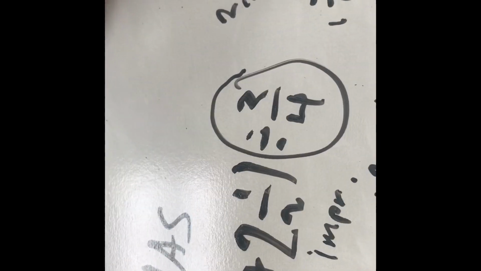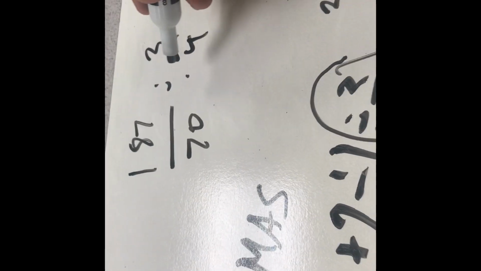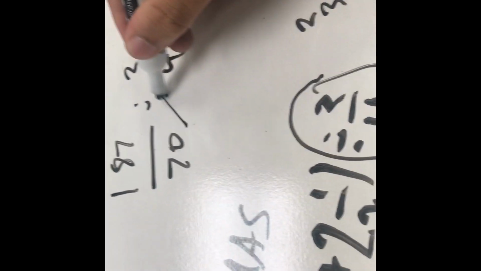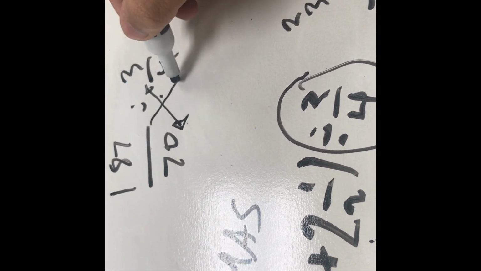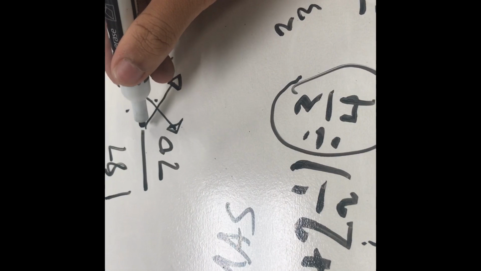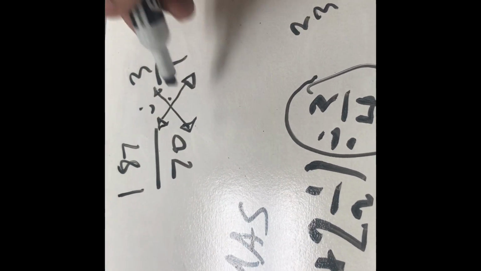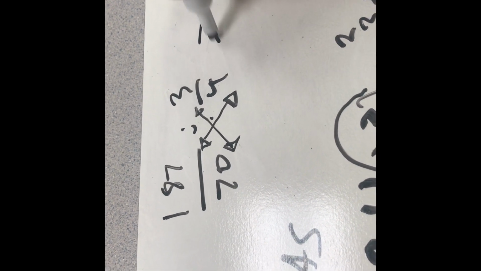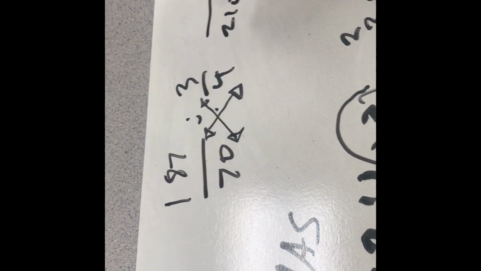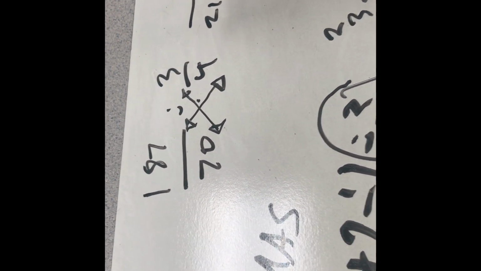And divide it by 3 over 4. And personally, for this, we can just use cross multiplication because I find that to be easier, but you can do the other method as well. And 3 times 70 is 21 and 0, which is 210.